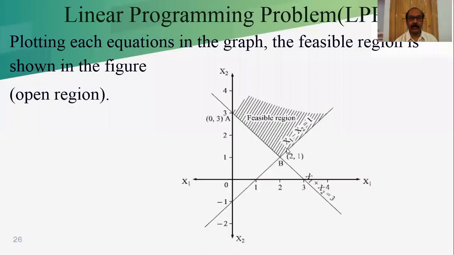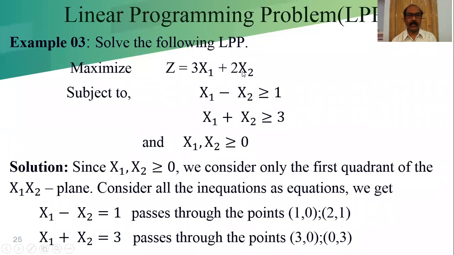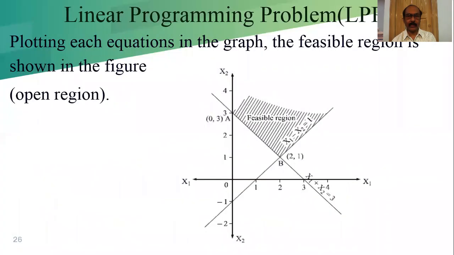Then what will we get? The two corner points are 0, 3 and 2, 1. When it is the minimum, we can move this way. That time it is a bounded region.